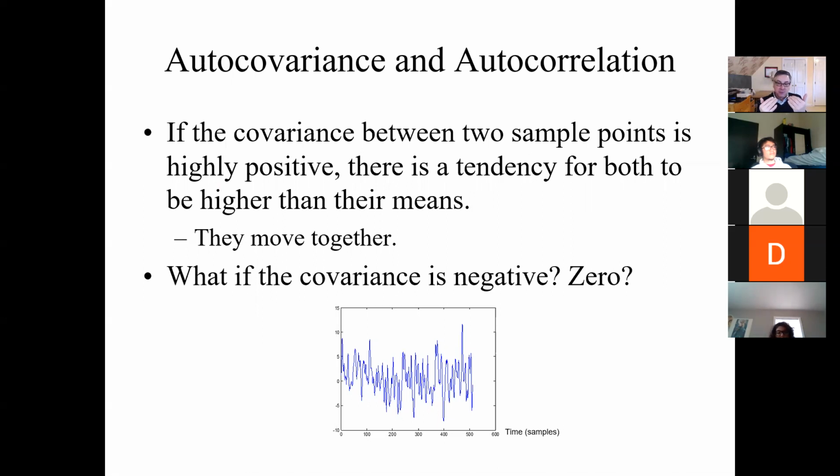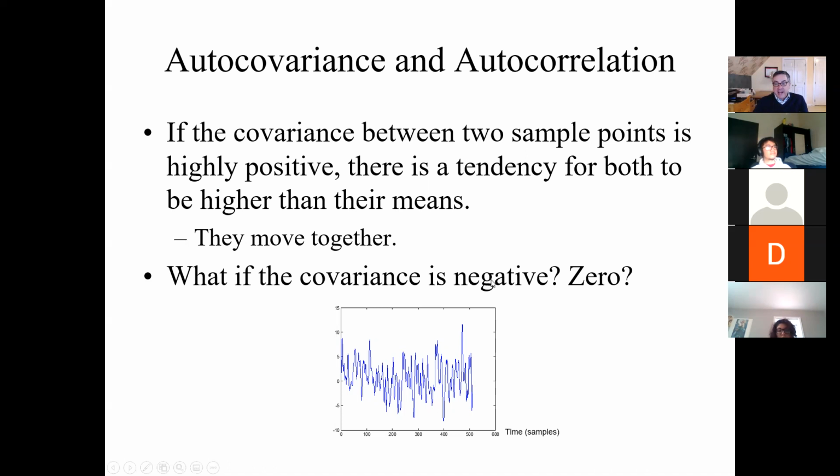And if I take another measurement and the first is below its mean, then the second will tend to be below its mean. In other words, in terms of the randomness, they will tend to move together.